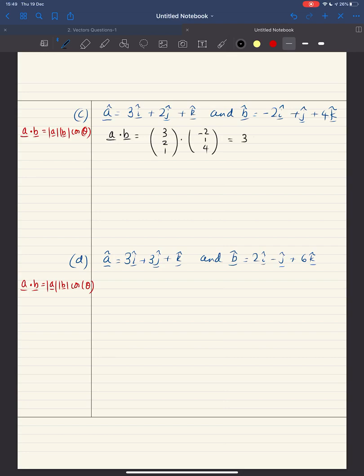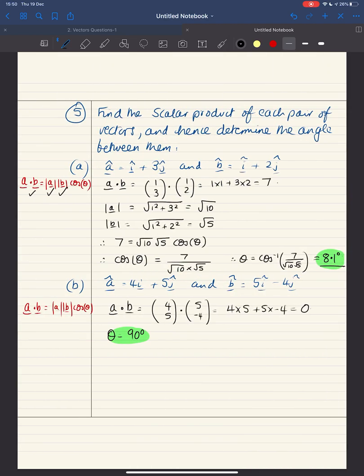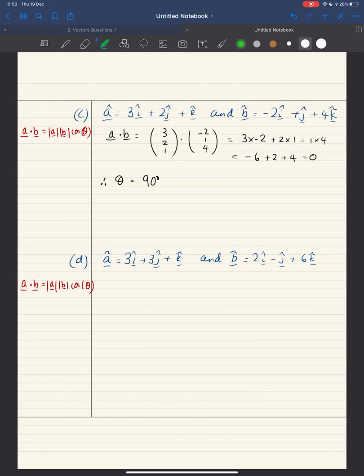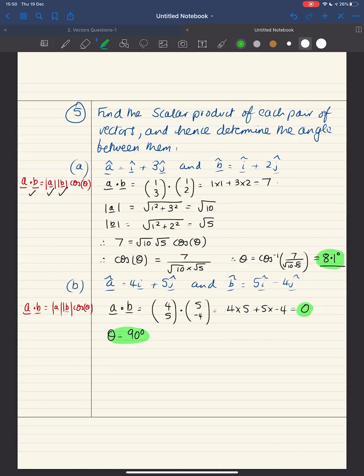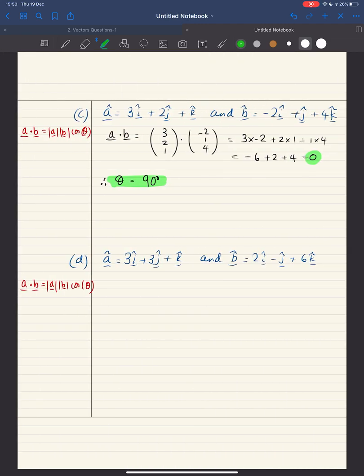So this is 3 times minus 2, plus 2 times 1, plus 1 times 4. It's minus 6 plus 2 plus 4, which equals 0. So we can say, therefore, theta, the angle between them, is 90 degrees. And that's because of that 0 there. If it comes up as 0 at that point, then it's 90 degrees.